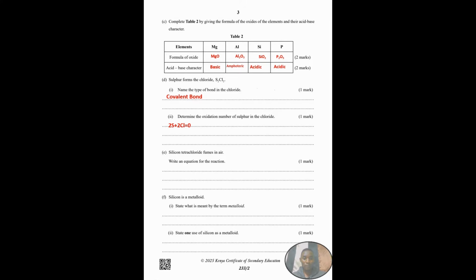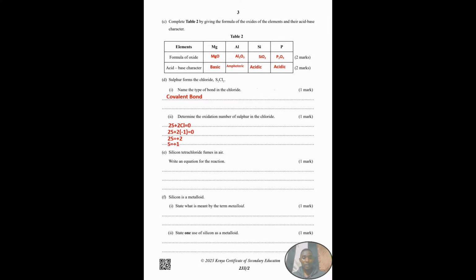We have 2 atoms of sulfur and also 2 atoms of chlorine, and this equals 0 because this is a neutral compound. Since the oxidation number of chlorine is -1, 2S plus 2 times -1 equals 0. So we obtain the oxidation number of sulfur as +1. That's how we determine the oxidation number of sulfur as +1.